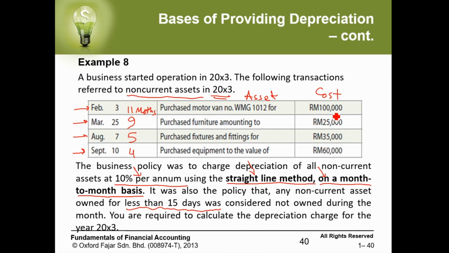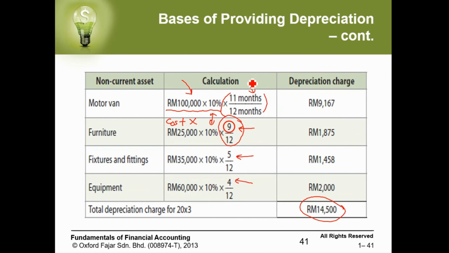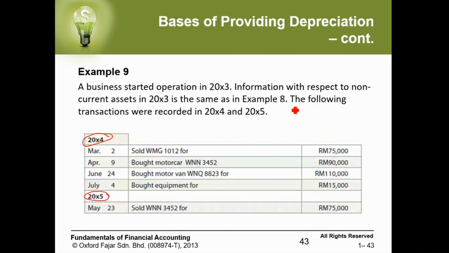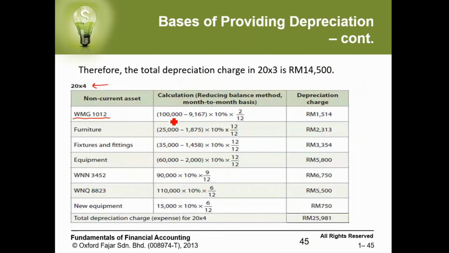In year 2013, depreciation was 9,167. This is the depreciation charge for this asset. So the carried value, because we are using the reducing method here, is 100,000 minus 9,167, multiplied by 10%.